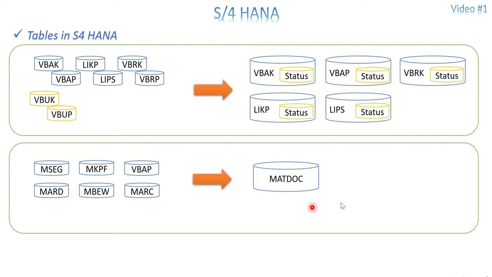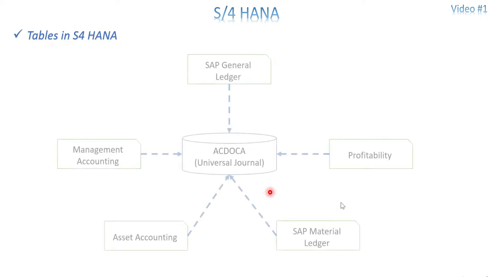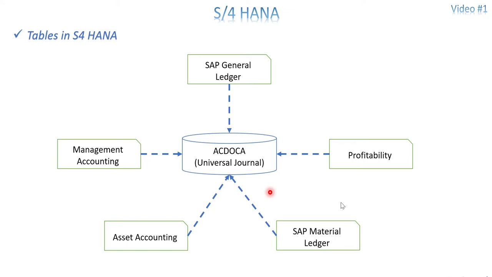The same way, everywhere they did similar research and came up with an idea: one or two tables are enough to hold an entire business scenario. Another table you might be aware of is ACDOCA.